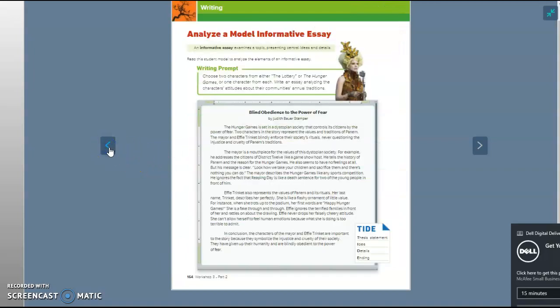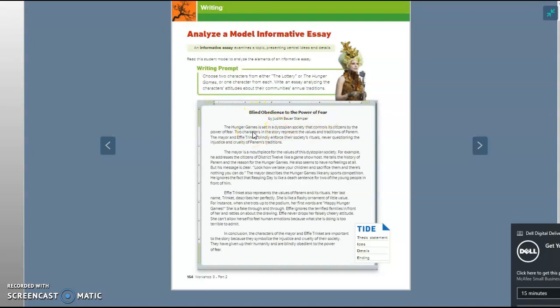So let's look back. Your thesis statement is going to be in this top paragraph somewhere. The Hunger Games is set in a dystopian society that controls its citizens by the power of fear. Two characters in the story represent the values and traditions of Panem. The mayor and Effie Trinket blindly enforce their society's rituals, never questioning the injustice and cruelty of Panem's traditions. So the topic is blind obedience to the power of fear.